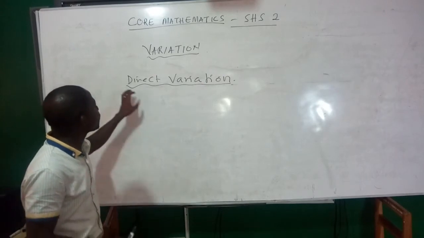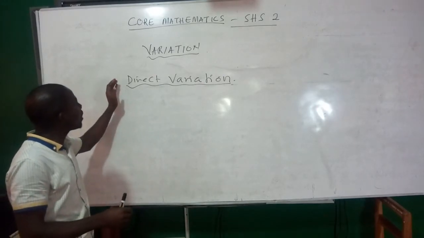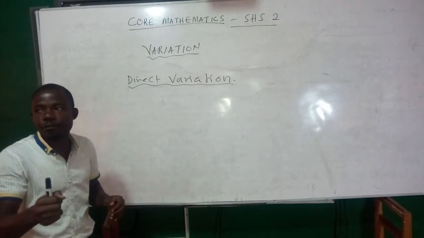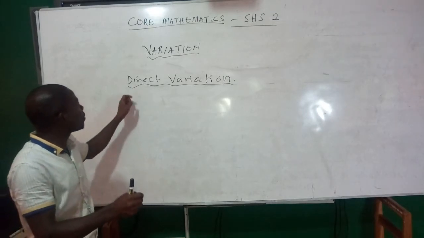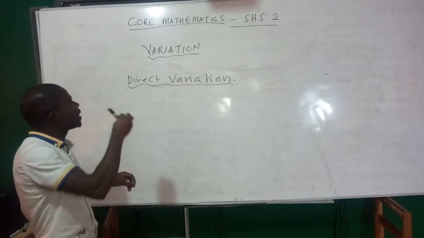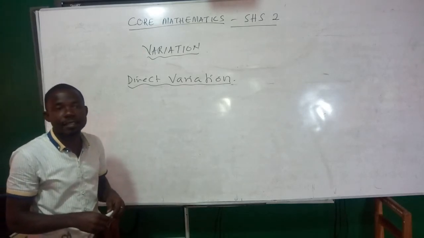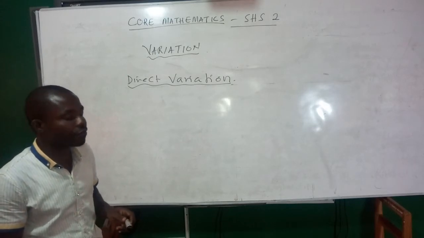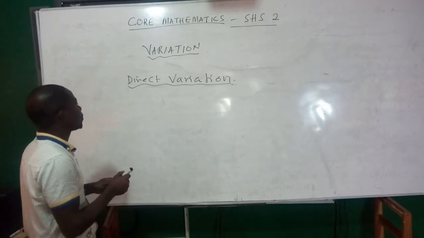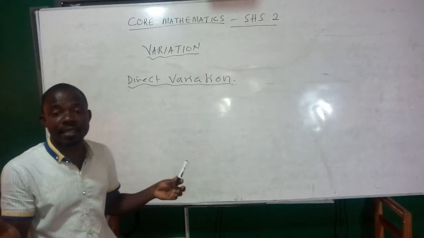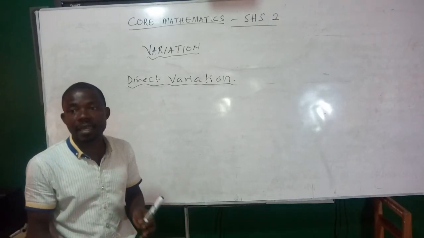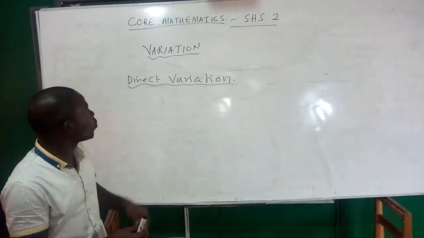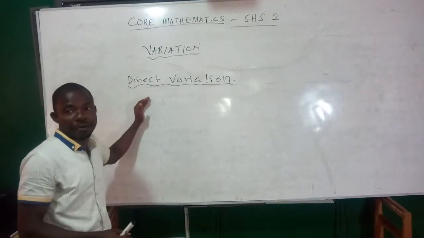And as we know, talking of linear, the graph of the direct variation is a linear graph. Sometimes you may be asked in the objective test, the graphs will be drawn for you to select the one which is direct variation.